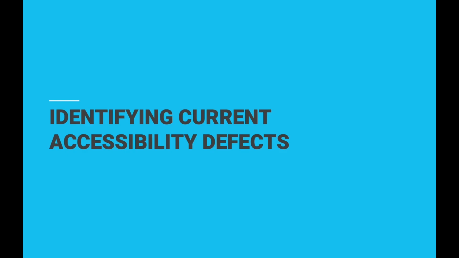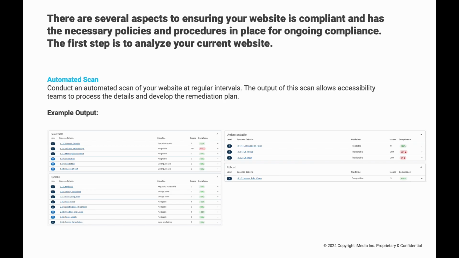So let's talk about how you go about identifying current accessibility defects. One of the simplest ways is to generate an automated scan. There are a lot of scanning tools out there that you can use to scan every page in your website. One of the tools that we use is by Crownpeak. It's a digital quality management scanner.